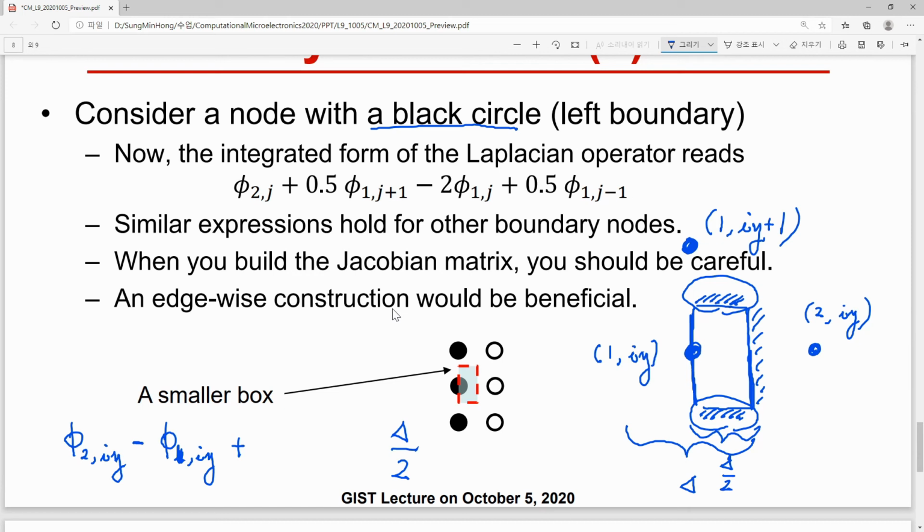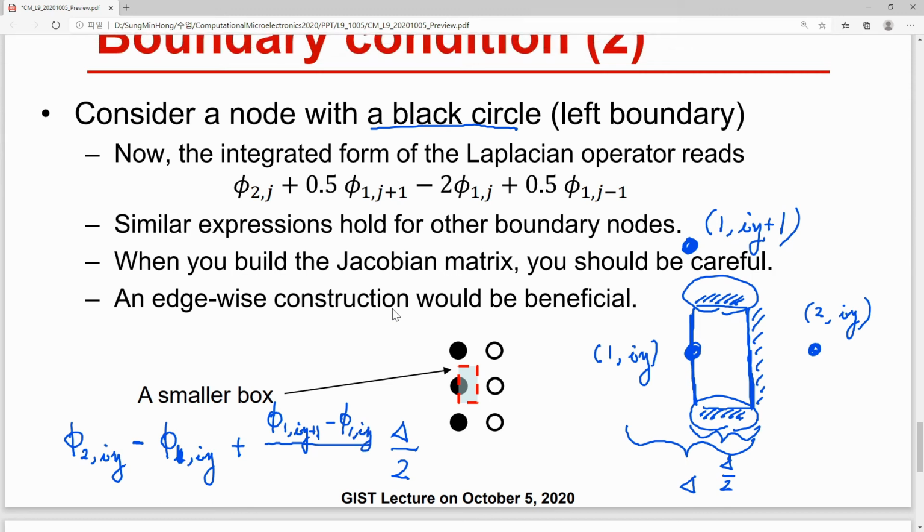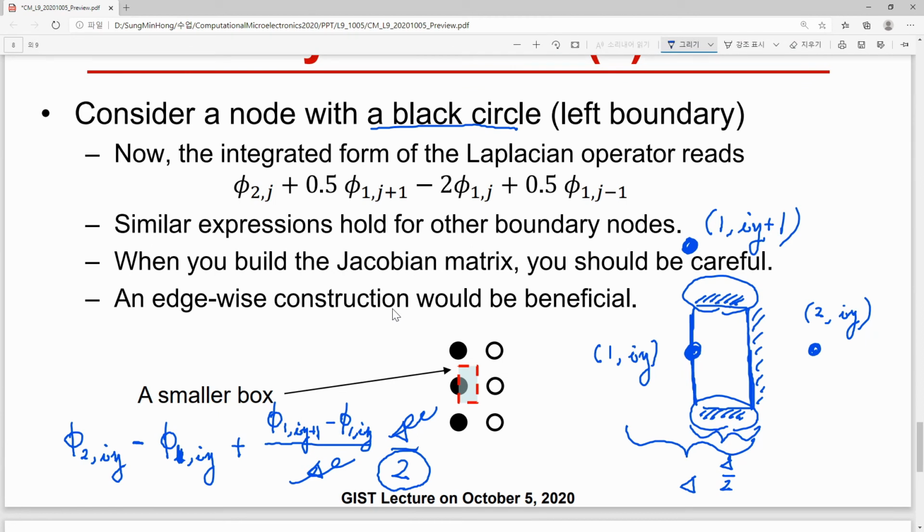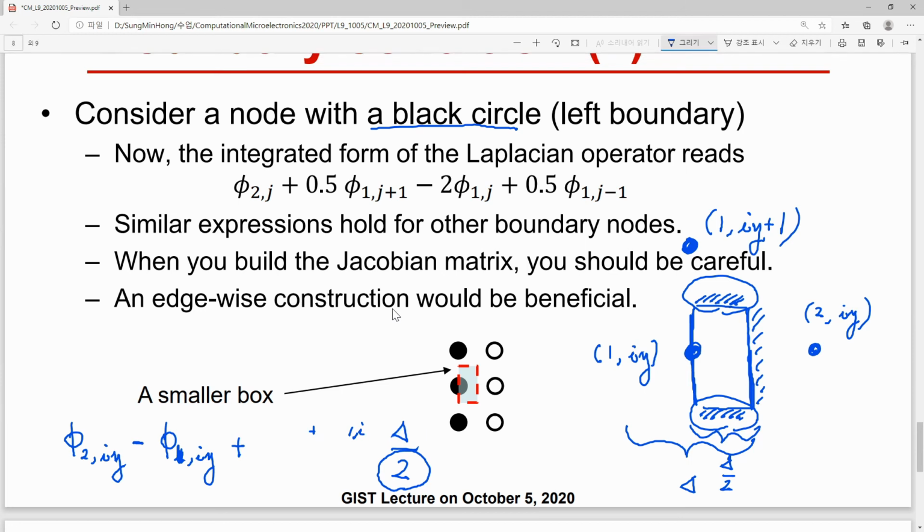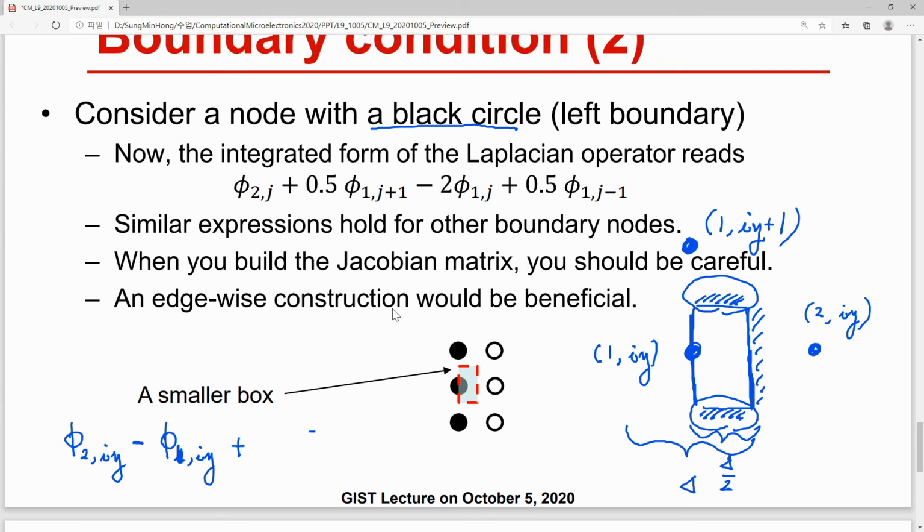So for this one, the y directional gradient now becomes phi 1 comma iy plus 1 minus phi 1 comma iy divided by delta. It is quite understandable, and this delta and delta are cancelled out, but you know that here we have number 2 remaining. So contribution from the top surface is just half of the normal surface, like the right surface.